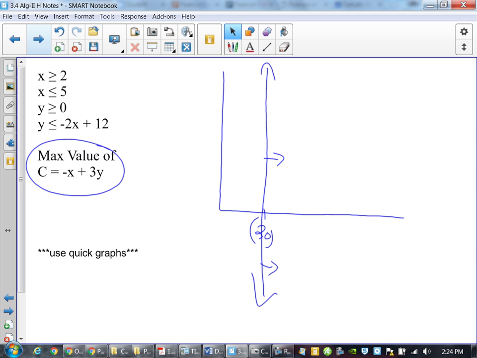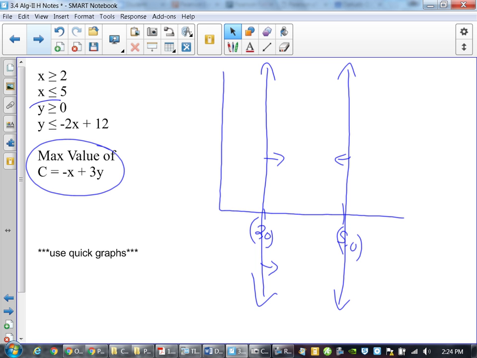You be okay with that? Sure. X is less than or equal to 5, same thing, it's a vertical line through 5. Then which way is this pointing? Yep, it's going back to the left.